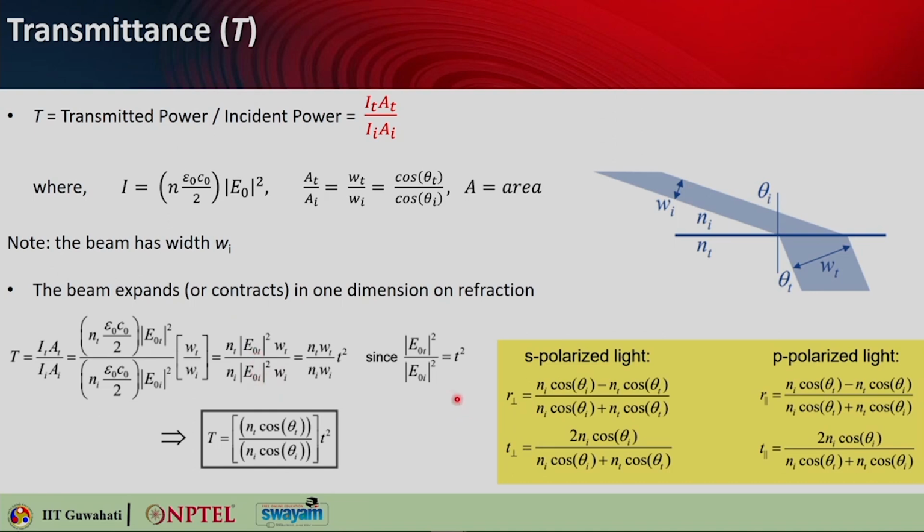So this will be t square, that is t parallel square or t perpendicular square, multiplied by the factor n_T cos theta t over n_I cos theta I. So this is the formula of transmittance: capital T is n_T cos theta t over n_I cos theta I times small t square. Small t you will pick from either of the two formulas depending on S or P polarization.